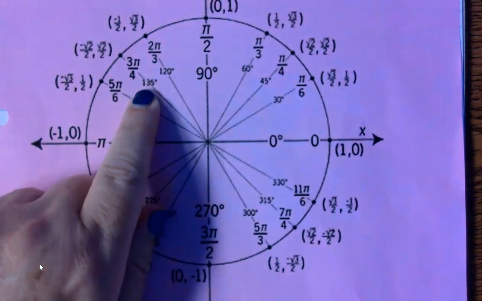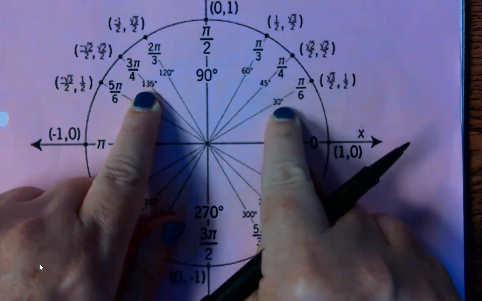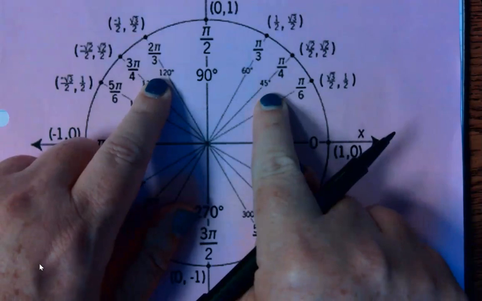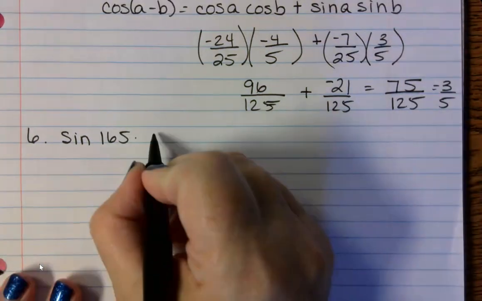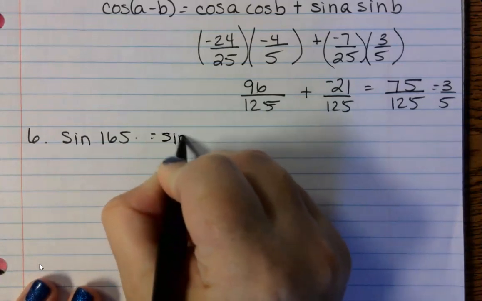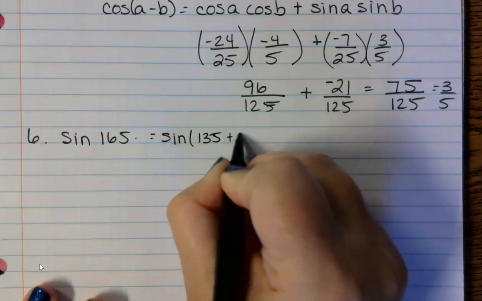I see 135 and 30. You could do 120 and 45. There's multiple on here as long as it equals 165. So I'm going to use 135 plus 30.